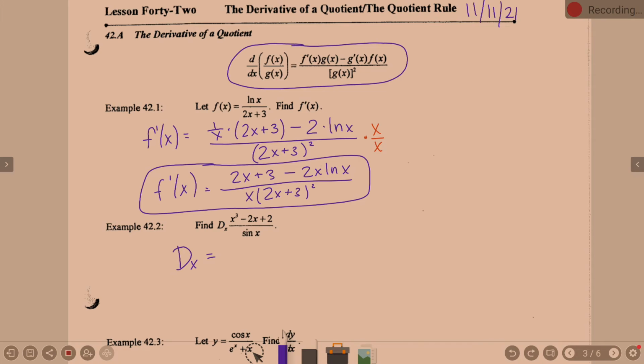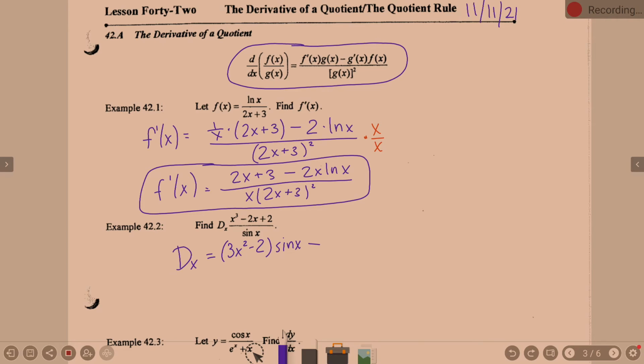You take the derivative of f, the top, multiplied by the bottom. So the derivative of x cubed minus 2x plus 2 is 3x squared minus 2, times sine x. Notice I put that 3x squared minus 2 in parentheses. Those parentheses are necessary, because that's a quantity, then times sine x. Now I'm going to subtract the derivative of the bottom.